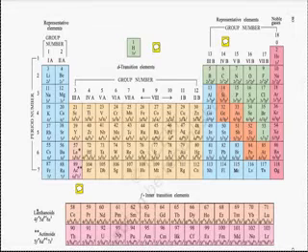Now let us move on to f block elements. F block elements, as we discussed, from Ce, that is atomic number Z equal to 58, to Lu, that is atomic number Z equal to 71, cerium to lutetium, you have lanthanoids.